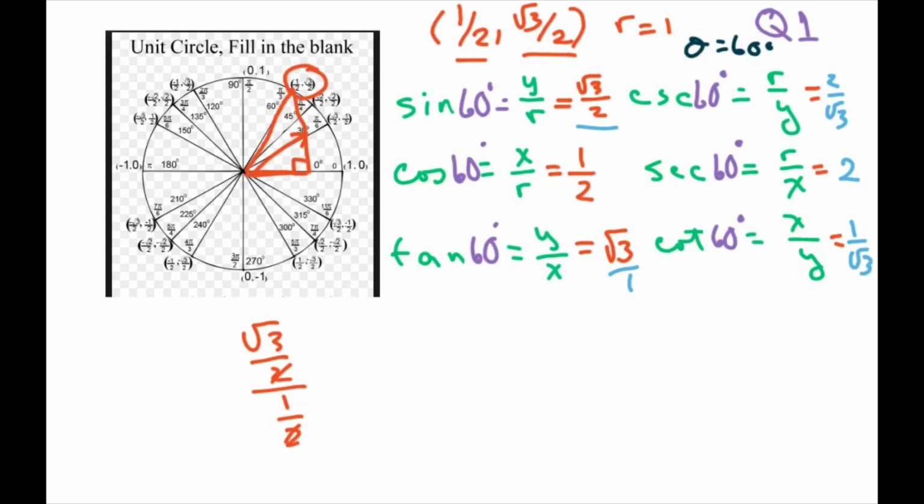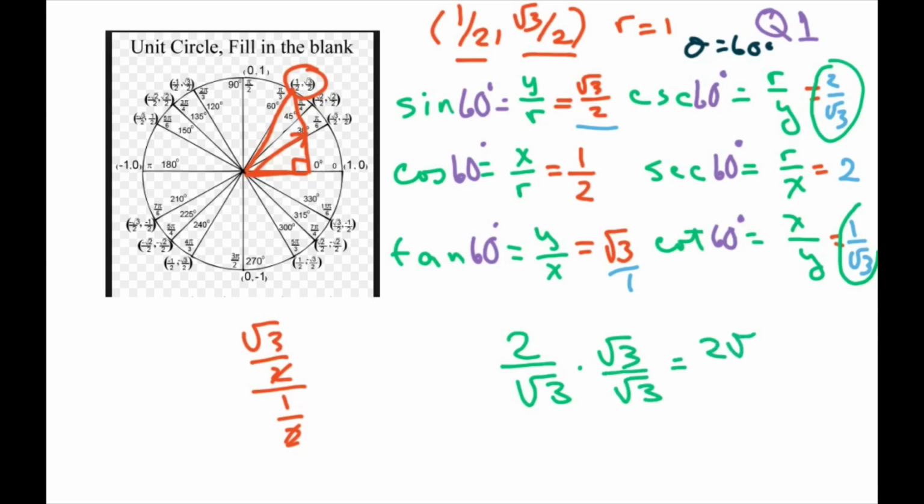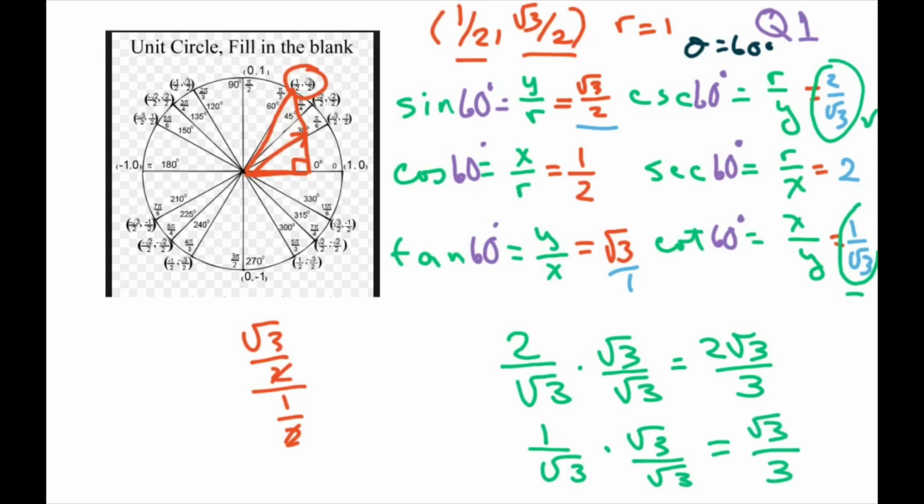On these two, we're going to rationalize the denominator. 2 over square root of 3 times square root of 3 over square root of 3 gives you 2 square root of 3 divided by 3. And 1 over square root of 3 times square root of 3 over square root of 3 equals square root of 3 divided by 3.